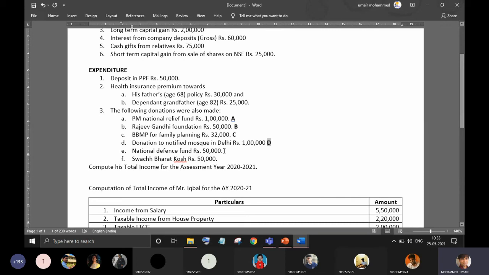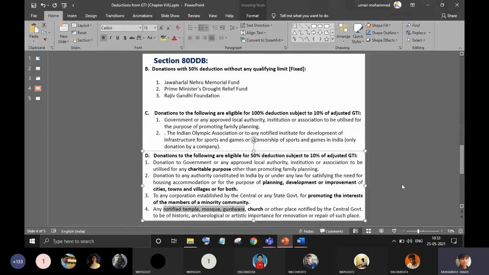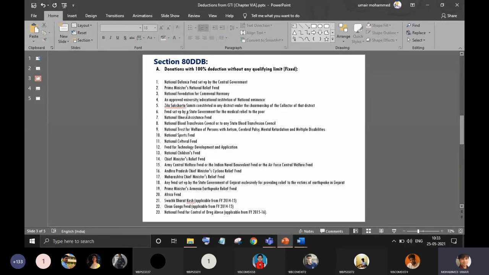Then you have National Defense Fund. National Defense Fund is not coming anywhere here, which means it will come under category A. So let's check. Okay, so it must be somewhere in this list.